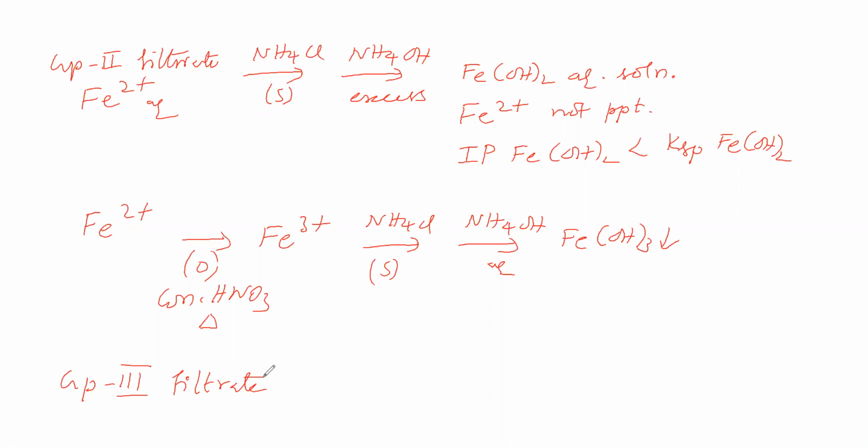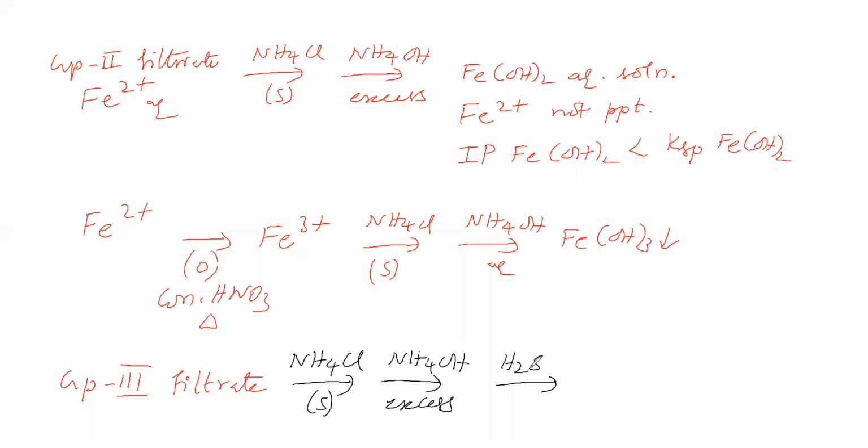Filtrate you have to take, not precipitate. To this group 3 filtrate, you add the group 4 reagent: ammonium chloride, excess ammonium hydroxide, and passing H2S gas. Group 4 cations precipitate.